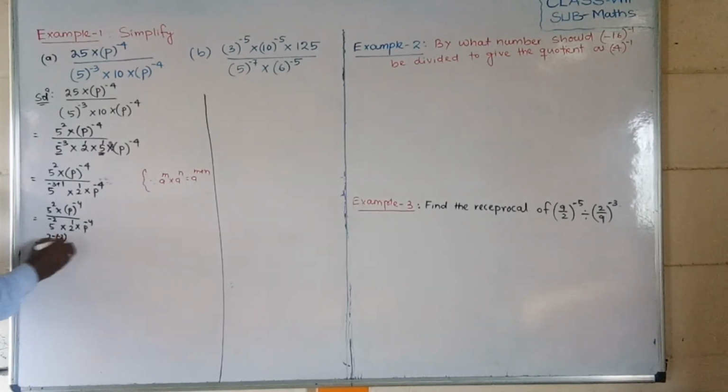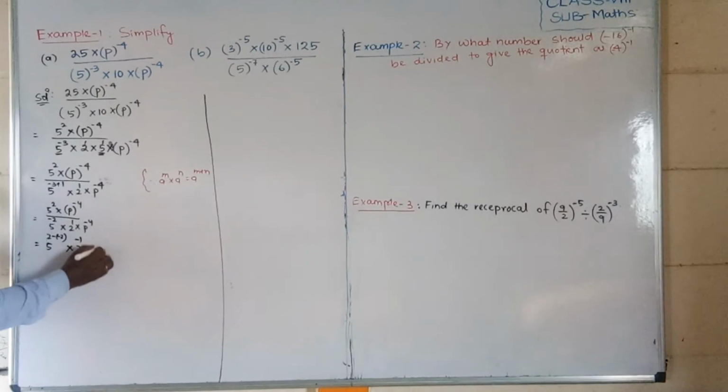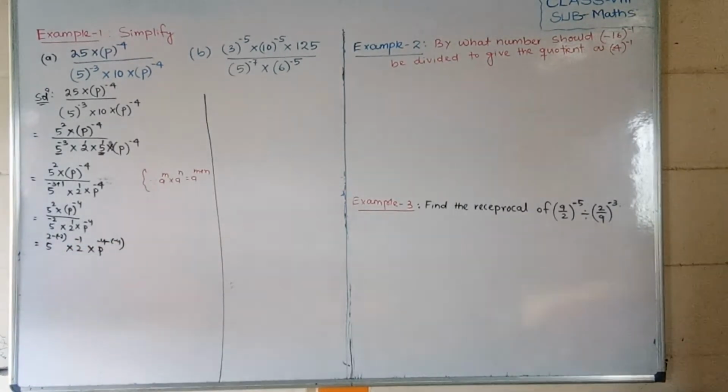For the 2, it is in the denominator, so it is 2 to the power minus 1. For p, we do p to the power minus 4 minus minus 4. Did you understand students? Whenever there is division, we do subtraction. The 2 is down, so we write minus 1 because it is the reciprocal.